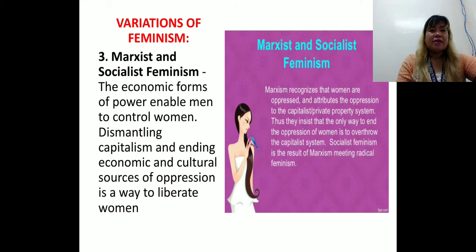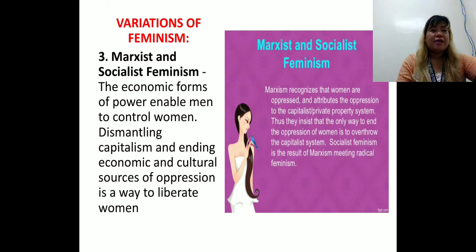The next is Marxist and socialist feminism. When we say Marxist, it is related to the economic and the capitalism. So, the economic forms of power enable men to control women. The idea is that dismantling capitalism and ending economic and cultural sources of oppression is a way to liberate women.